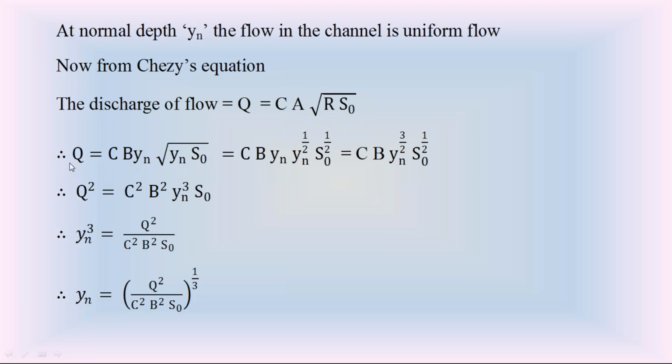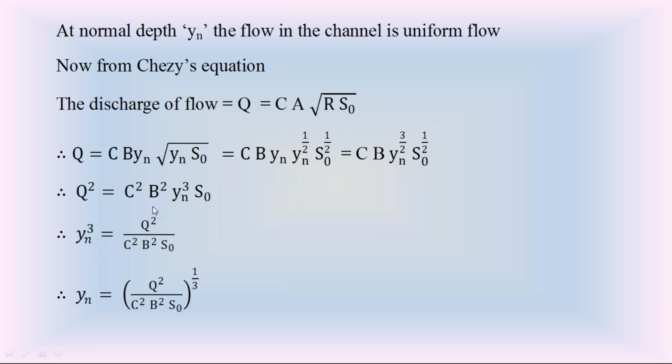Square this equation on both sides. So Q square is equal to, right hand side, C square into B square into Yn power 3 by 2 whole square, that is Yn cube, into S naught power half whole square, S naught. So Q square is equal to C square B square Yn cube S naught.